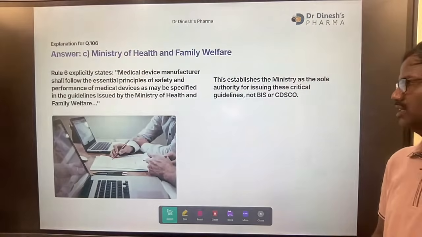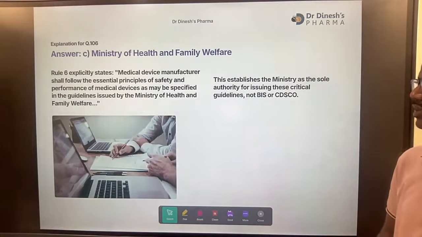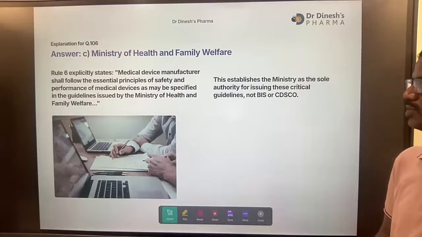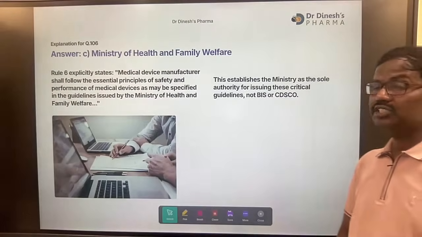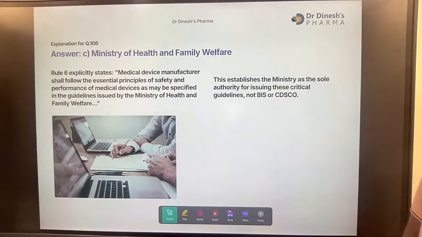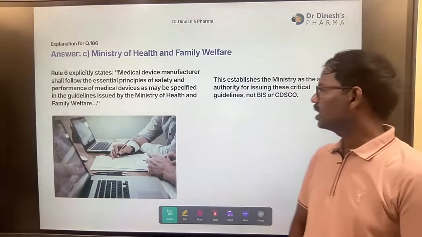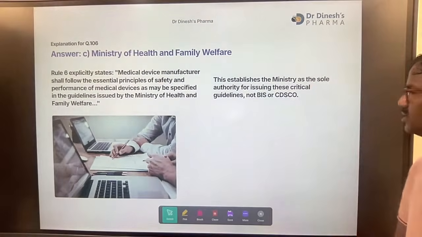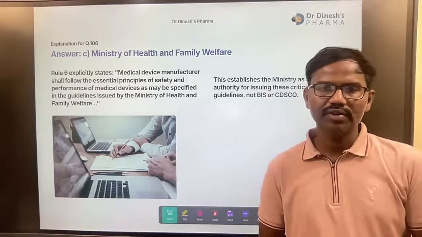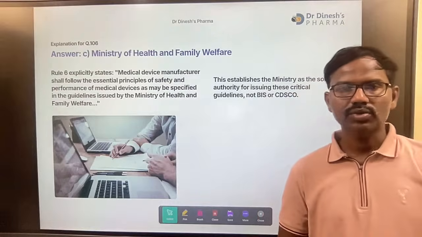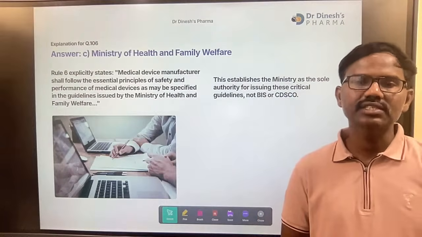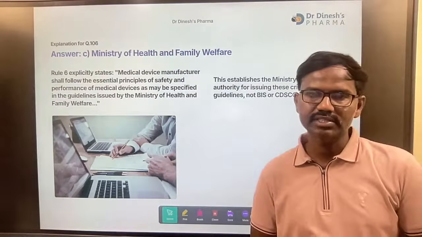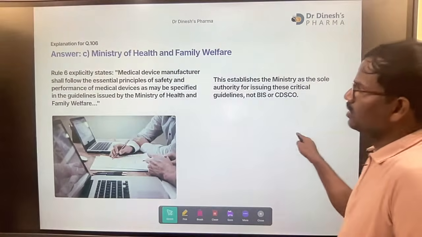The rule explicitly states that medical device manufacturers shall follow the essential principles of safety and performance of medical device specified by the guidelines issued by the Ministry of Health and Family Welfare. This establishes the ministry as the sole authority for issuing the critical guidelines, not BIS or CDSCO. Okay, Bureau of Indian Standards, CDSCO. So overall, the ministry is the sole authority. Okay, the ministry is the sole authority, right?